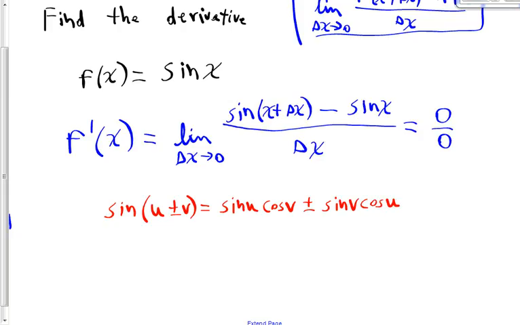So in our case, this is equal to the limit as delta x approaches 0. And I'm going to apply that sum and difference formula to this term right here.